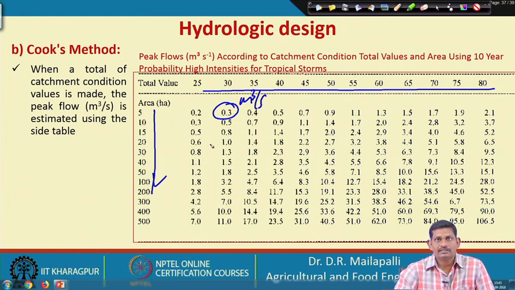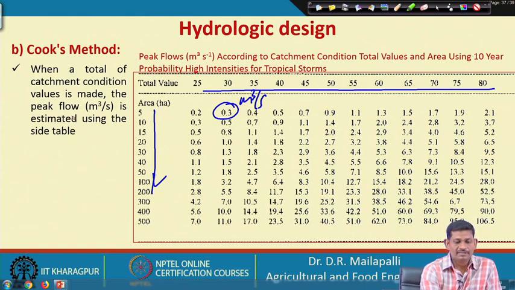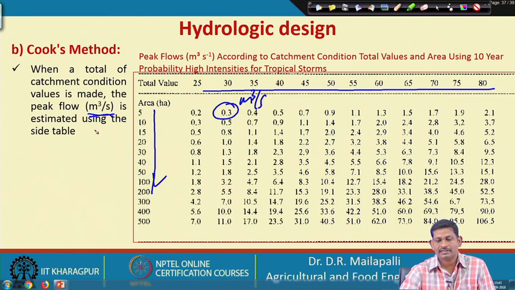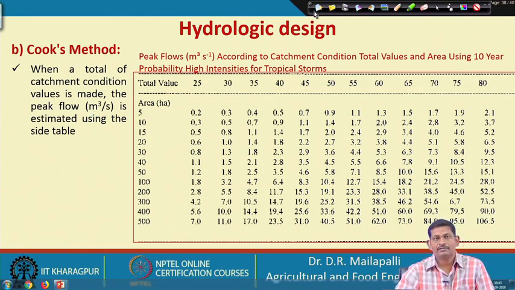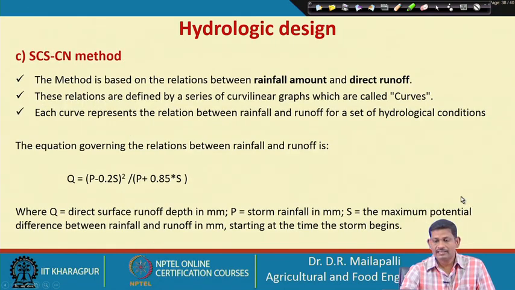This is the tabular method. When the total catchment condition value is given, the peak flow in meter cube per second is estimated using this table.